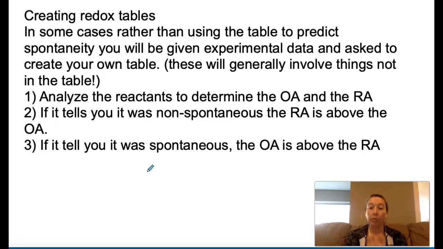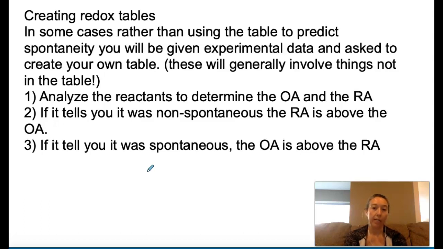So what you need to do is look at the experimental info. It's usually going to give you an entire reaction. You need to then look at it and decide out of your reactants, what is the OA and what is the RA. So in the last example, we were able to decide OA and RA based off of where they were in the data table. But if these things aren't in our data table, I can't make that decision that way. Instead, what I have to do is look at what did it turn into?